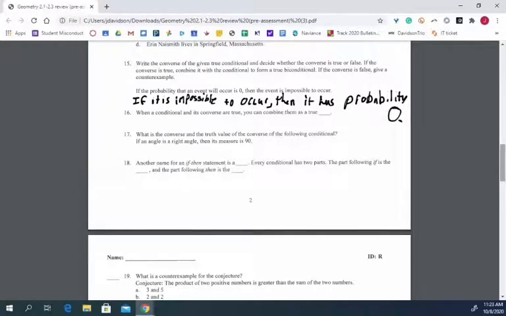So that's true. We need to now write it as a biconditional. So it is impossible if and only if it has a probability 0. So you don't start with if.